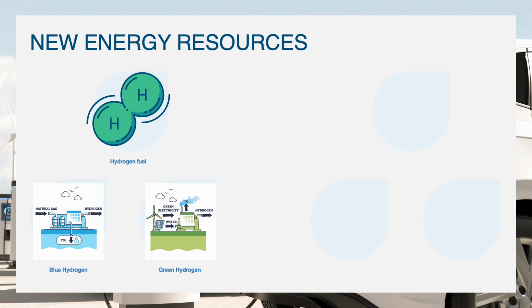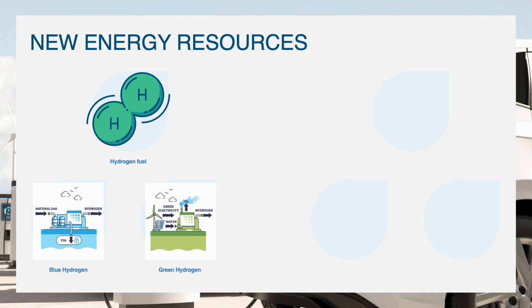They're not actually blue or green, it's just to explain the process. So with blue hydrogen, it's hydrogen produced from natural gas, specifically methane. During blue hydrogen production, the hydrogen is separated from methane, which then means that we end up with carbon dioxide.